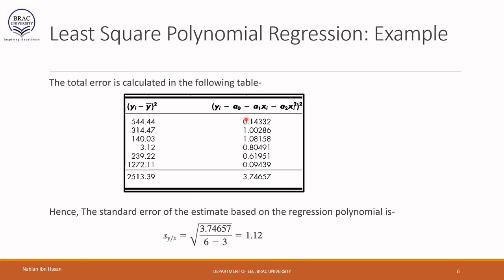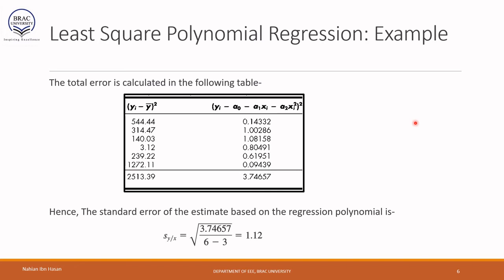For example, if we want to determine the approximate value at xi equal to 2, we just put xi equal to 2 into the fitted polynomial regression line, and we can determine the approximate yi.